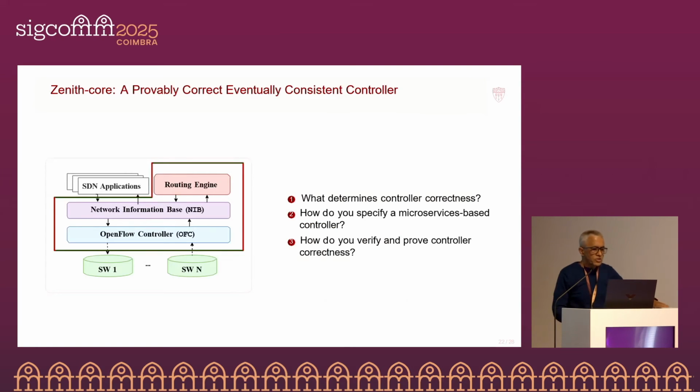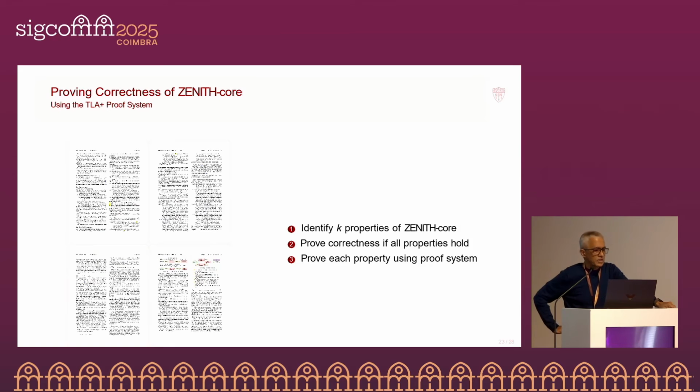And so to ensure that, we took the third step, which many people don't, which is actually proving the correctness of the specification. The figure on the left is supposed to show the PDFs of the pages of the proof. The proof is about 4 or 5 pages long. But the basic idea behind the proof is that you identify some properties that you assert of the specification.